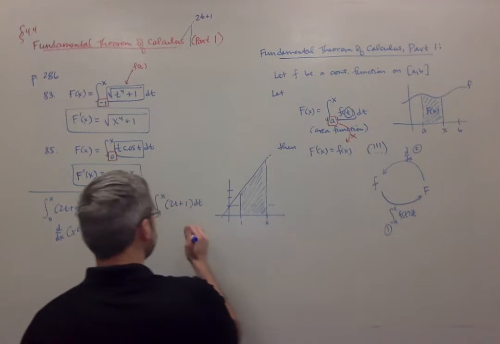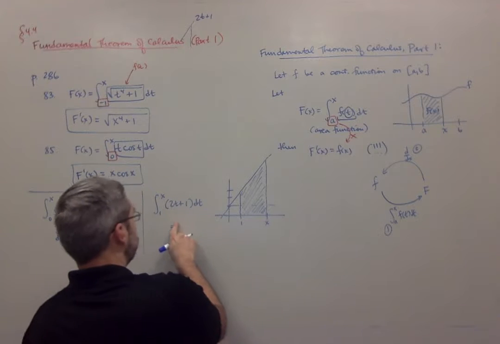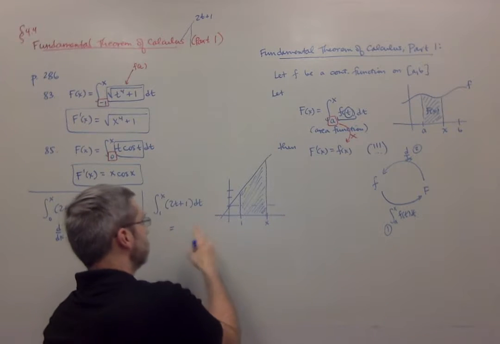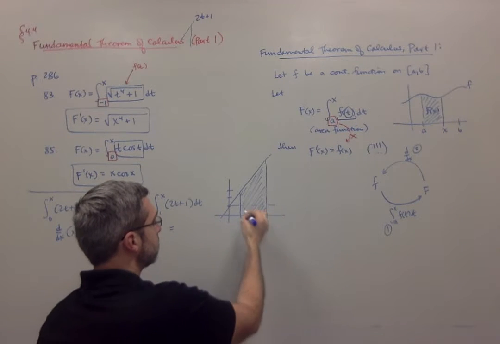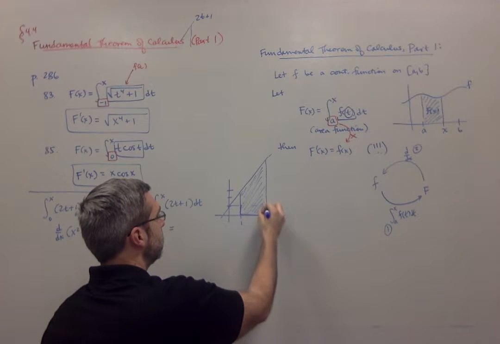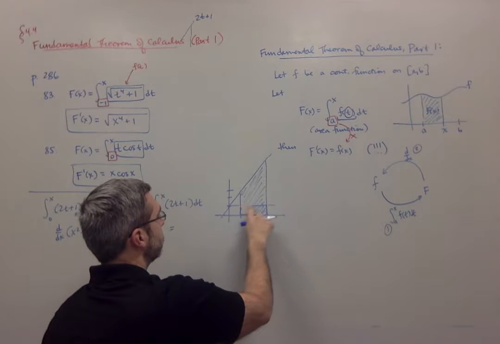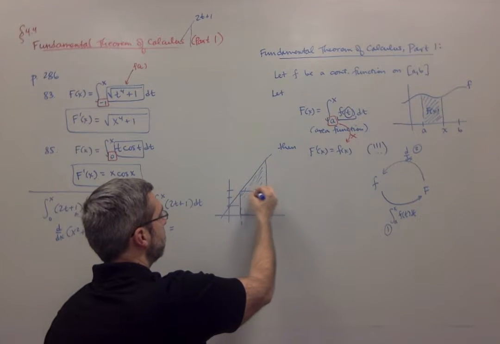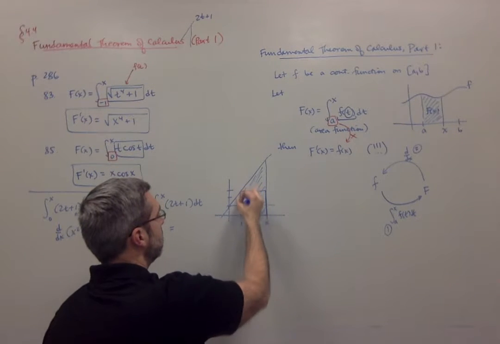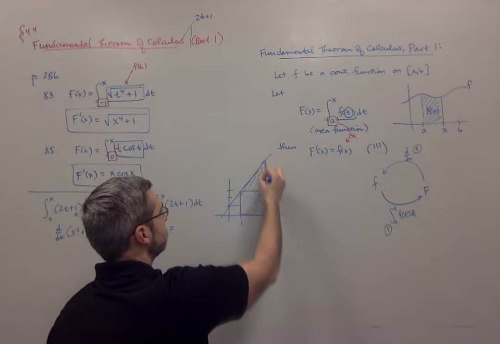So if I were to actually calculate this area by hand, not using rectangles, but just using geometry, I have a rectangle here and then a triangle up here.